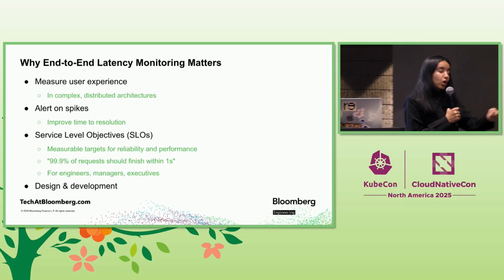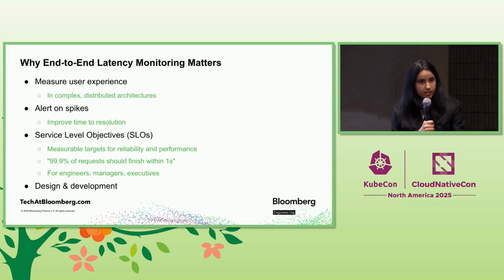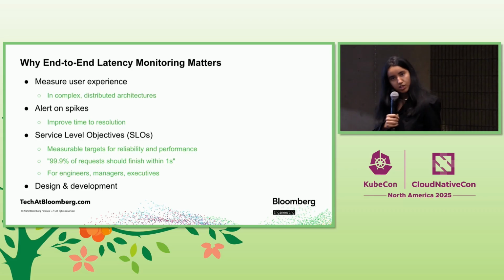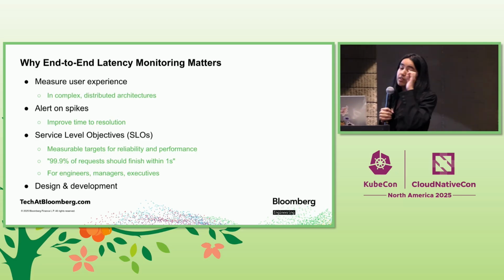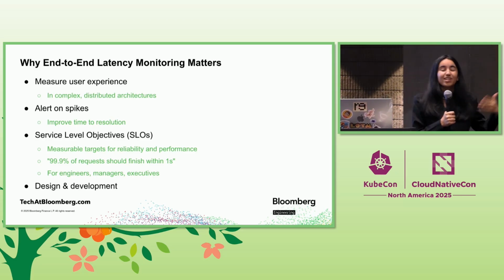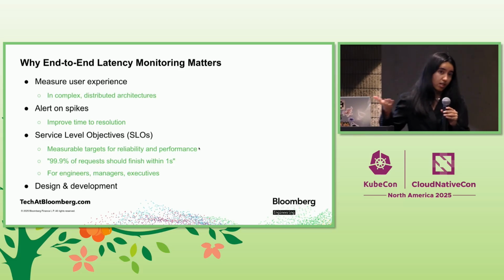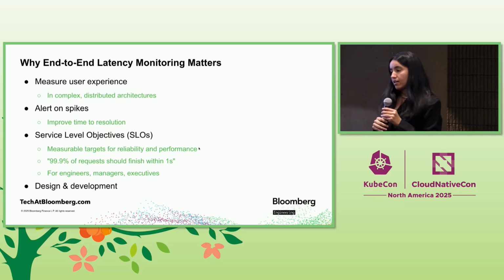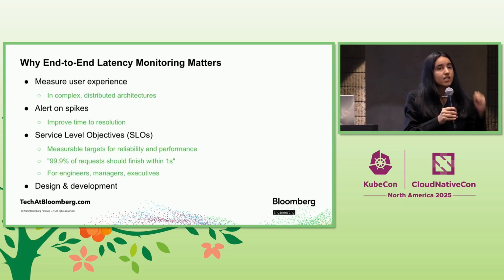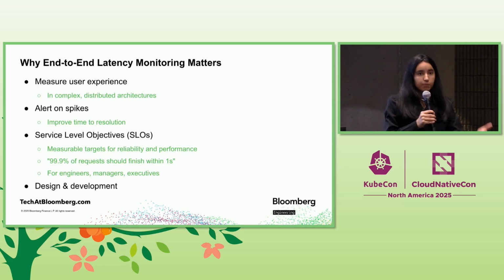We can then also alert on any spikes in latency that we see, which allows engineers to debug quickly before there is any measurable, visible client impact. Finally, we can also build service level objectives on top of these metrics. An SLO essentially allows us to set a measurable target for reliability and performance.